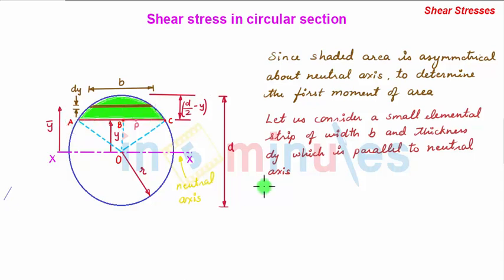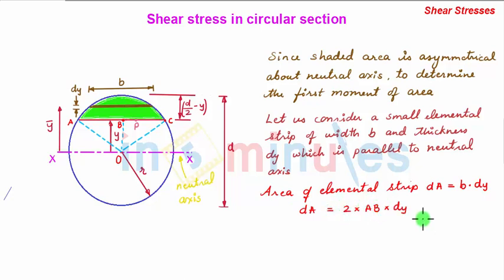So now the area of the elemental strip will be given as dA equal to b into dy. So we can write dA is equal to, b could be written as 2 times AB into dy. Now if we consider the triangle ABO, we have AB square plus BO square is equal to AO square.